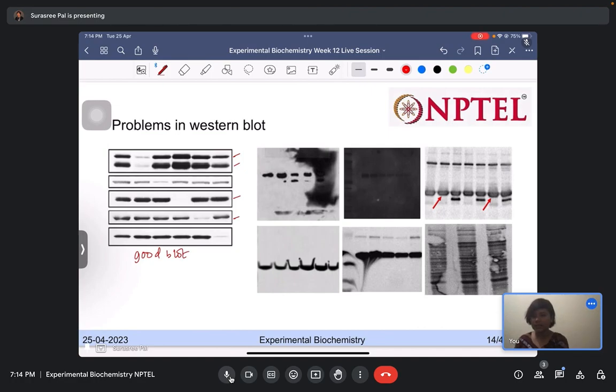So these are such blots where there were many problems. Here in this particular blot you can see that there is a blotch that appeared on the blot, so it's blotchy. Here we can see that it's totally dark, so it has very high background.